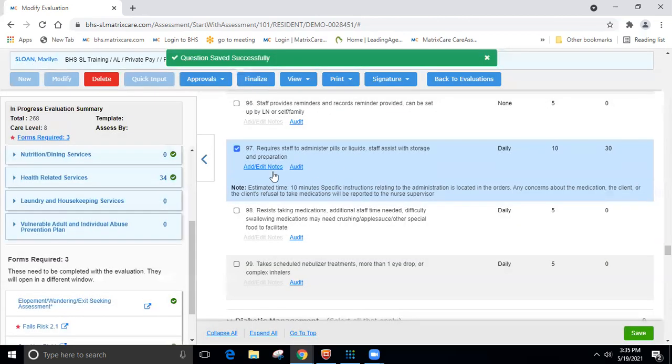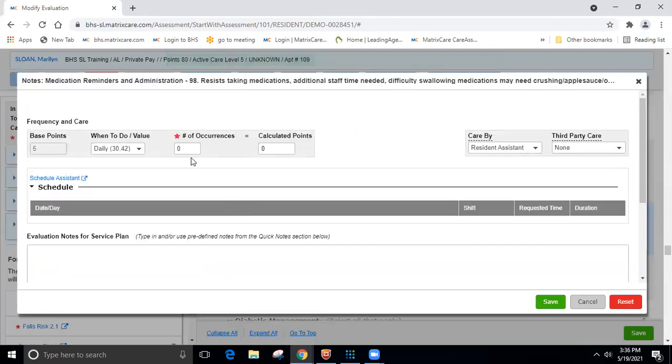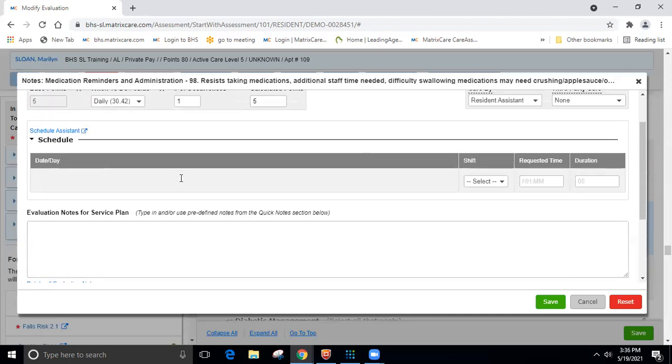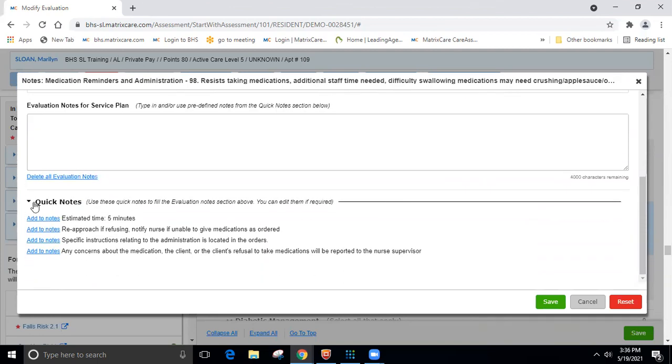Because they are unlicensed, we do want them to have that information. If they're resistant to taking meds, it may not be all 3 med passes. It could be, but maybe it's just one time they're resistive. And so maybe it's just that night pass that we want them to make sure that they're reapproaching if they're unable to give the meds as ordered.